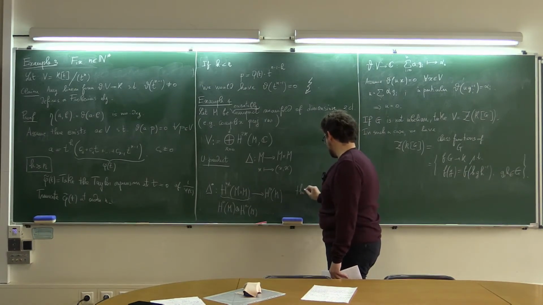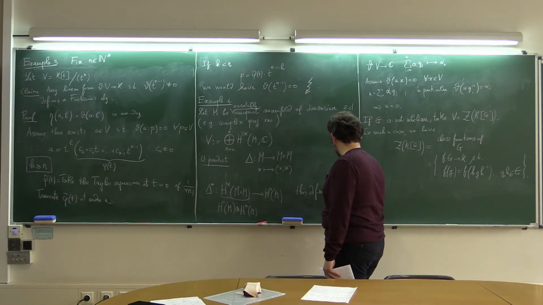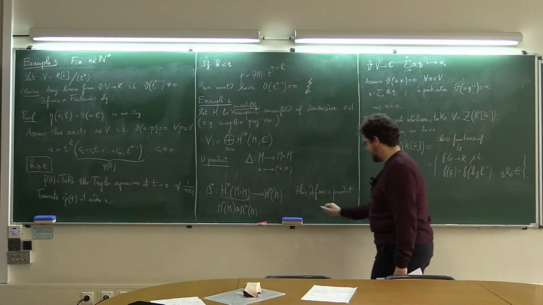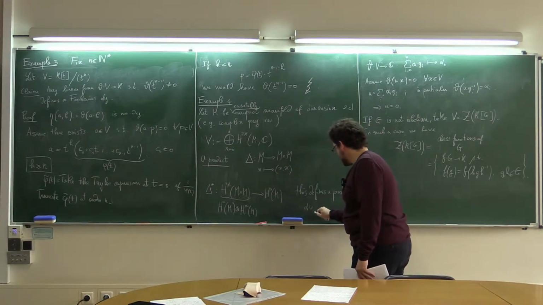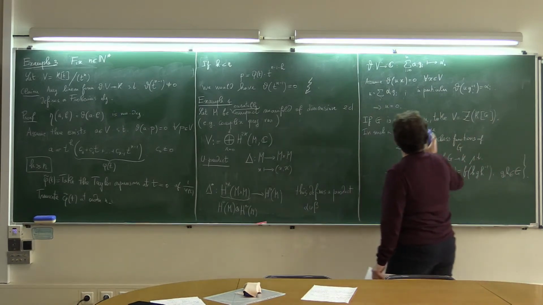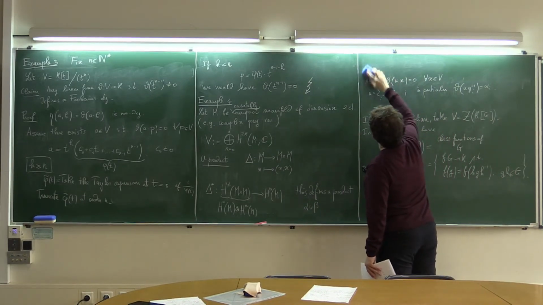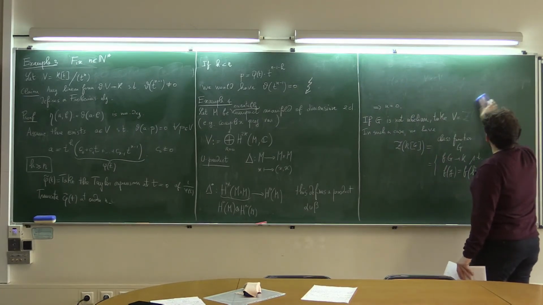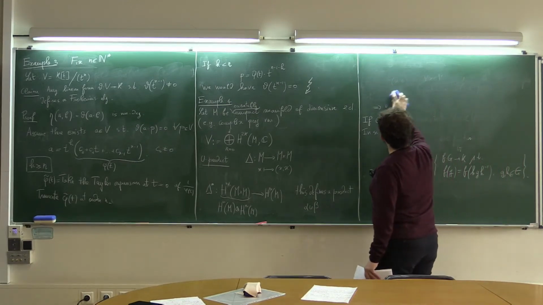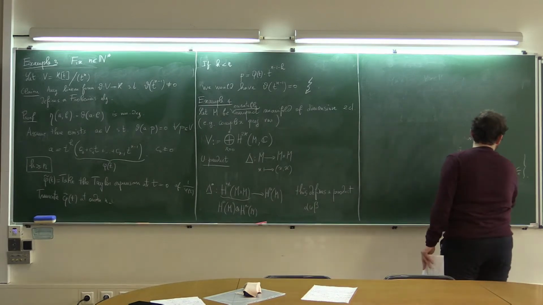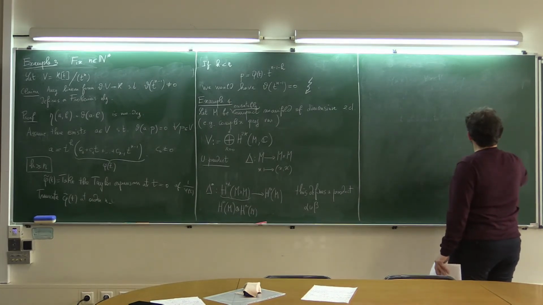This defines the cup product, and it will be denoted by the cup symbol. Of course, there is a simpler realization of this product in terms of differential forms. We could realize cohomology as the cohomology ring of differential forms, the de Rham cohomology.